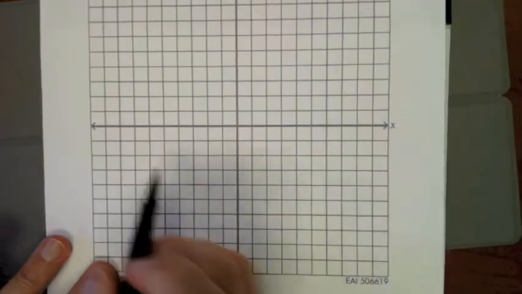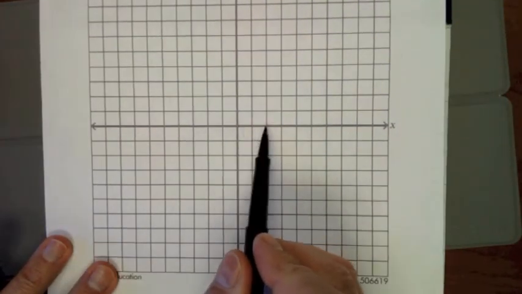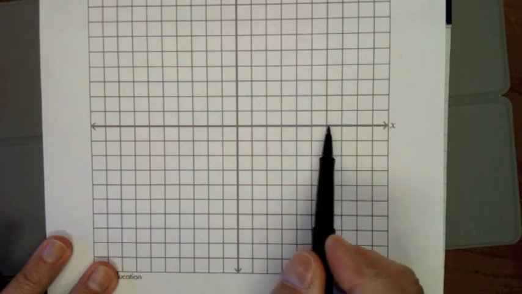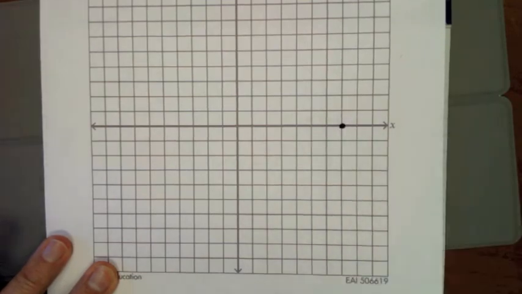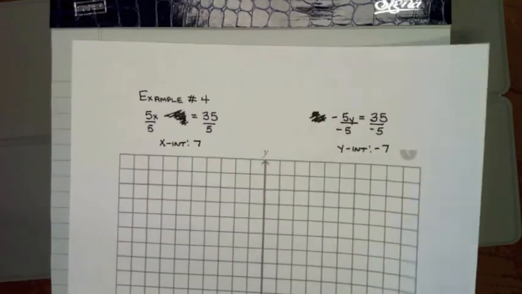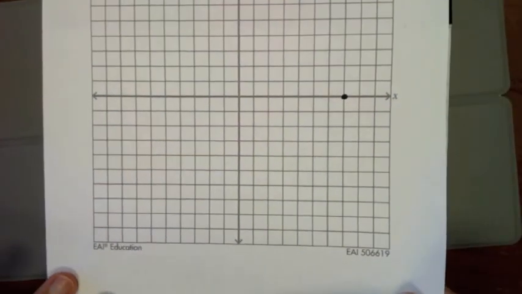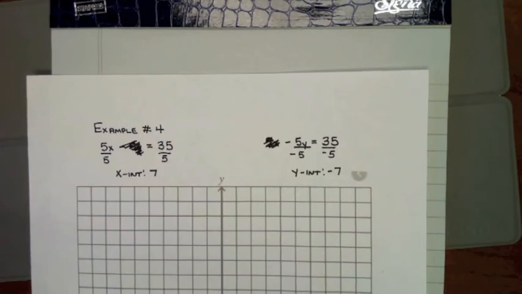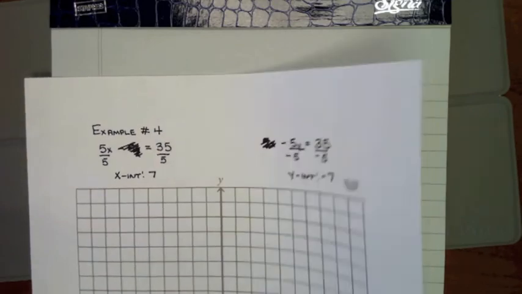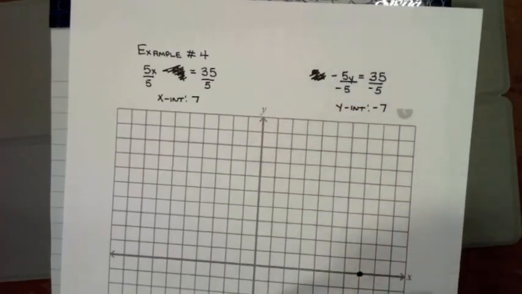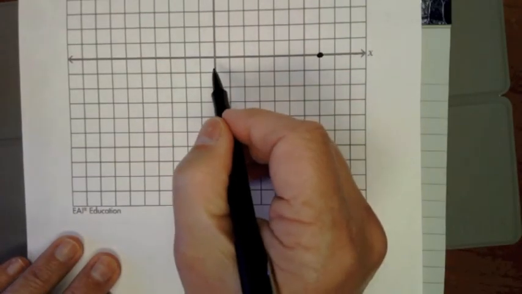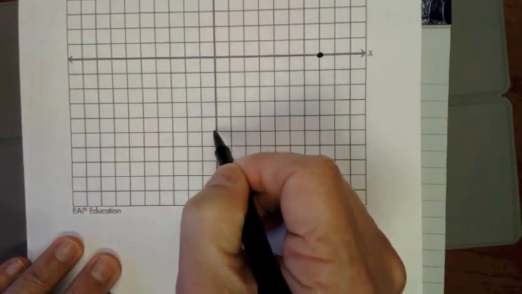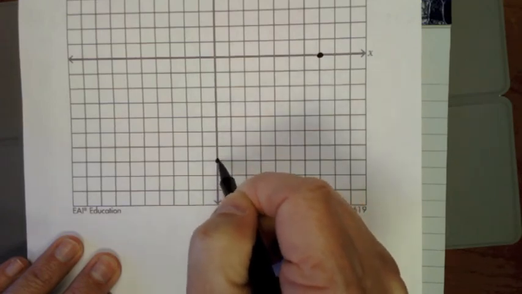So the first thing I'm going to graph is the X-intercept. X-intercept is 7. Here's the X-axis. 1, 2, 3, 4, 5, 6, 7. That's where that line is going to cross the X-axis. I put my first point at 7. Then I'm going to use the Y-intercept. The Y-intercept is -7. This is the Y-axis. So I'm going to look down the Y-axis and count to -7. 1, 2, 3, 4, 5, 6, 7.